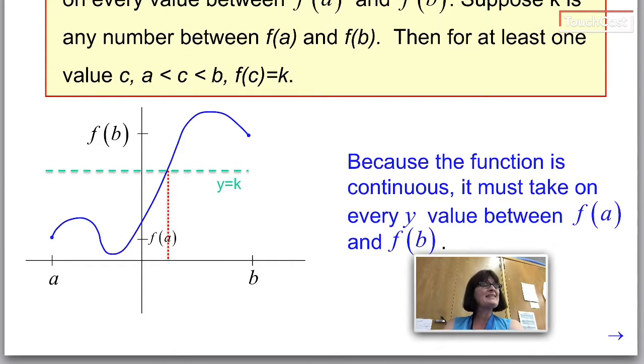So imagine this, if k is some y value that I care about, imagine drawing in that horizontal line, y equals k. If I know this ordered pair and this ordered pair, and the k, the y that I care about, is somewhere in between them, so here's my dotted line, y equals k, is there any way to connect this point and this point with a continuous curve that doesn't cross y equals k?